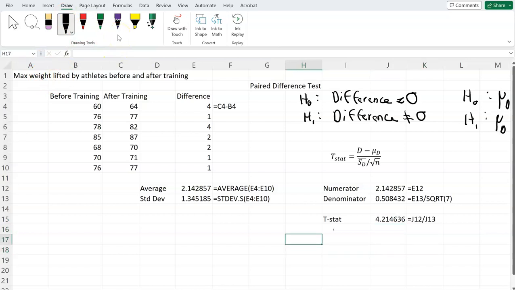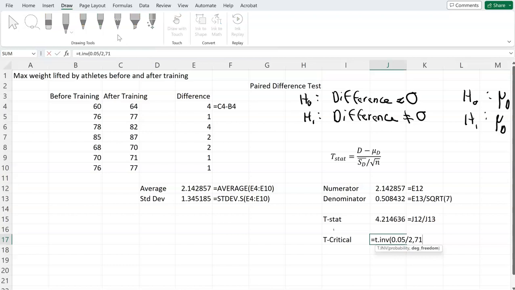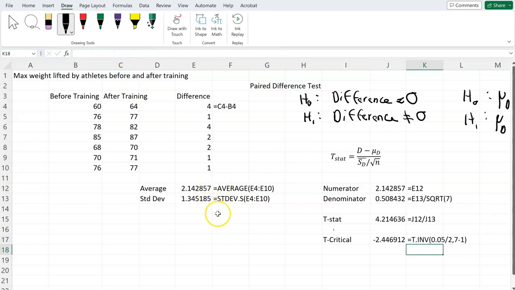So from here I can now calculate my critical value of t, which comes up to be, let's say I'm testing it at 0.05, and my degrees of freedom is 7 minus 1. So I get my number to be negative 2.44.